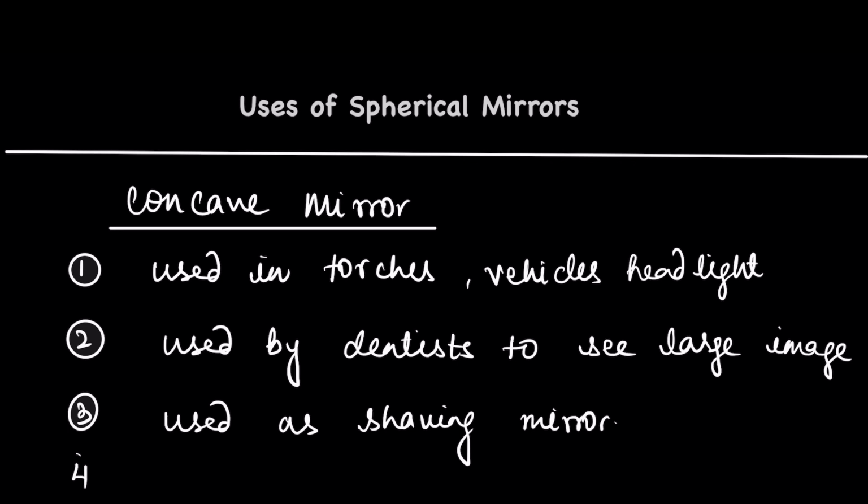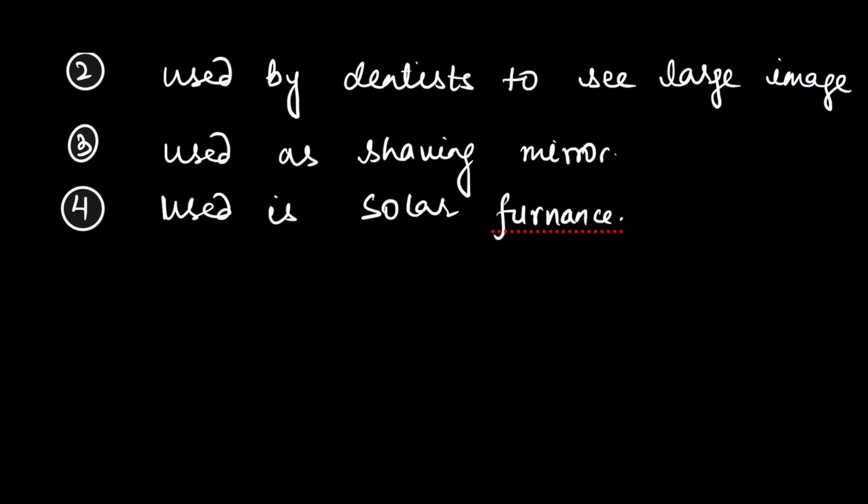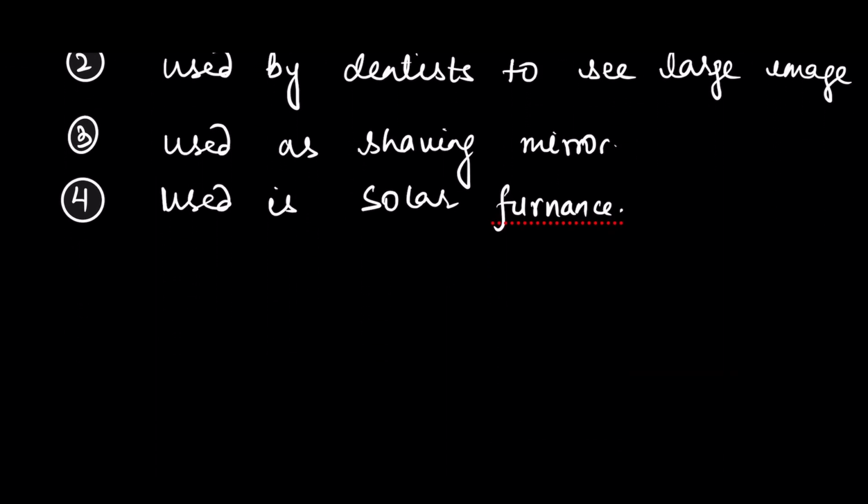And fourth, used in solar furnace. So if we talk about torch, in torch we are using a concave reflecting surface.